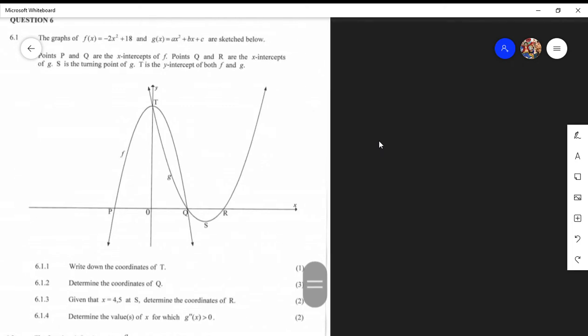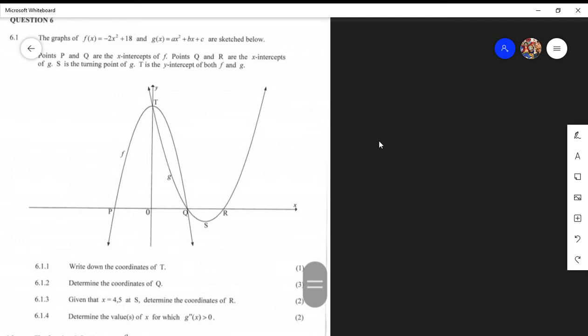So the graph of f of x is equal to negative 2x squared plus 18, and g of x is equal to ax squared plus bx plus c are sketched below. Points P and Q are the x-intercepts of f. Points Q and R are the x-intercepts of g, and S is the turning point of g. T is the y-intercept of both f and g.